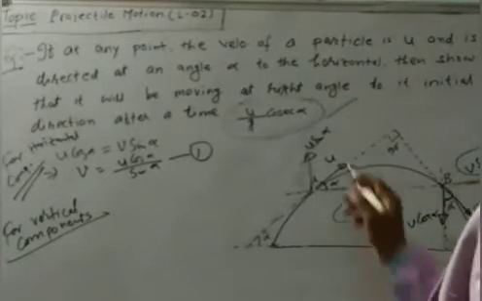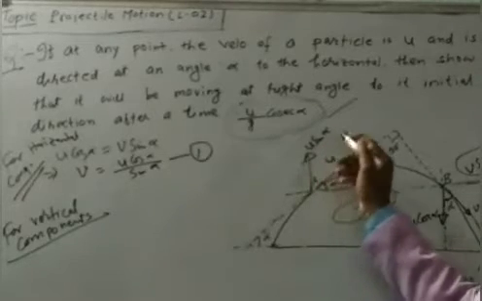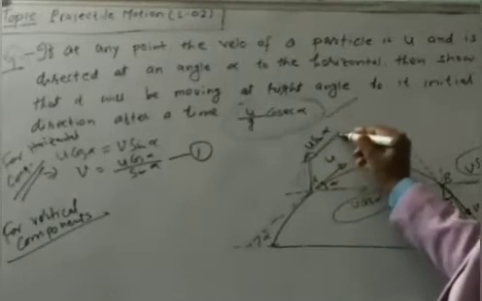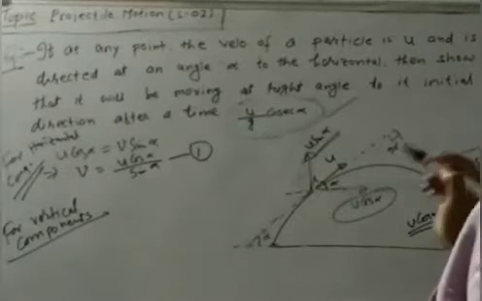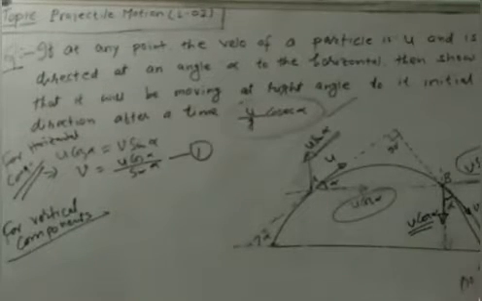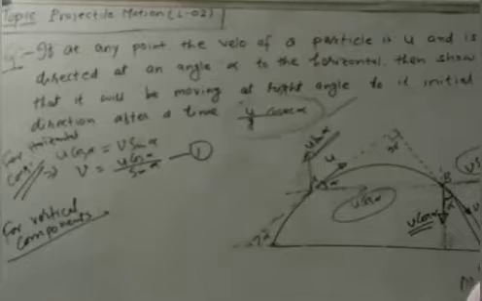So if u sin alpha, this component is taken to be positive, so this must be taken as negative because the directions are opposite.